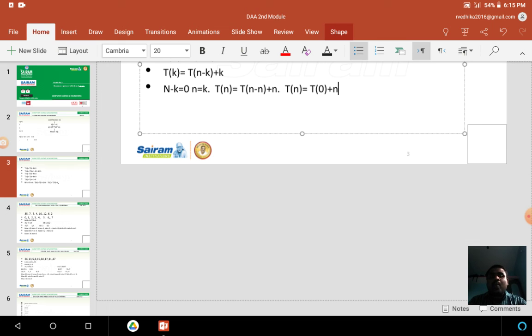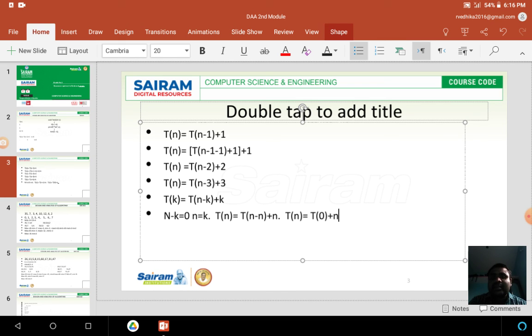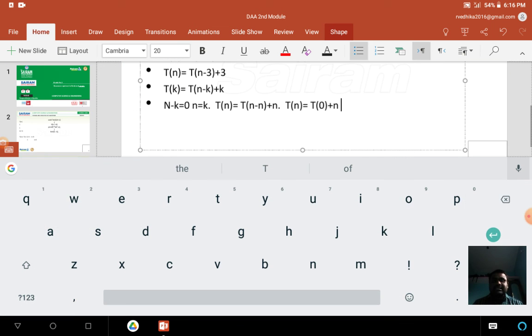Already we know T of 0 is equal to 1. So T of n is equal to 1 plus n. Now the time complexity is big O of n. This is the mechanism for identifying the recurrence equation and solving recurrence equations.